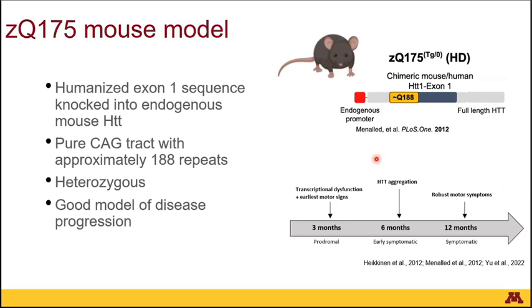We and others have fully characterized this mouse model, and it shows slow and progressive accumulation of HTT aggregates in the striatum and in other brain regions, transcriptional and electrophysiological alterations, and motor and psychiatric impairments. In most of the experiments that I'm showing you today, I am using 12 and 18-month mice, so they are symptomatic.